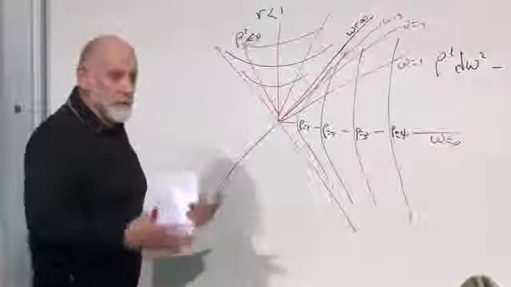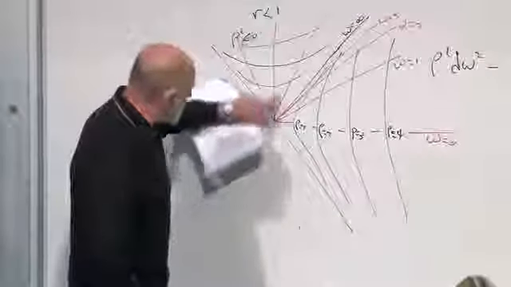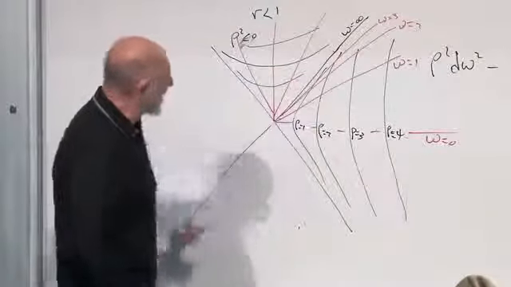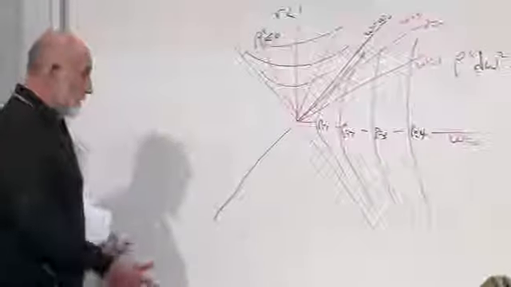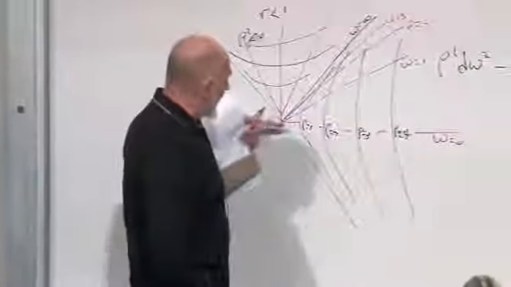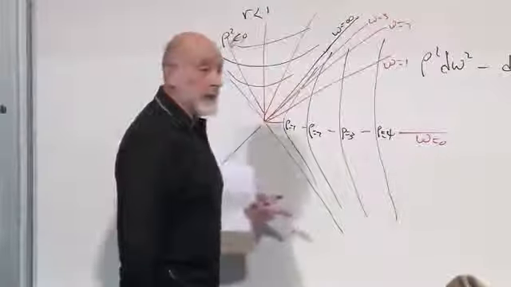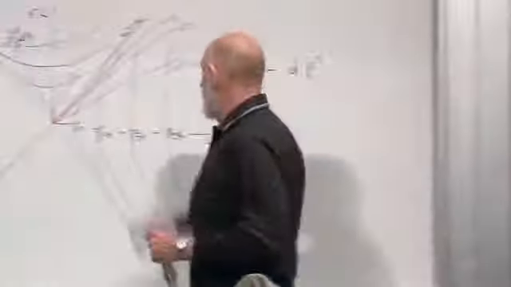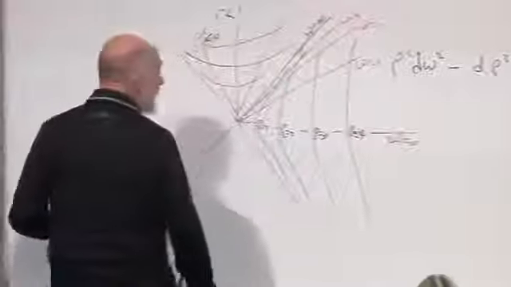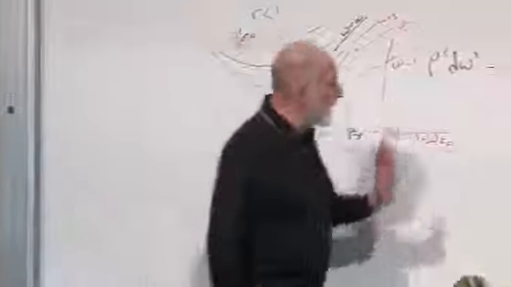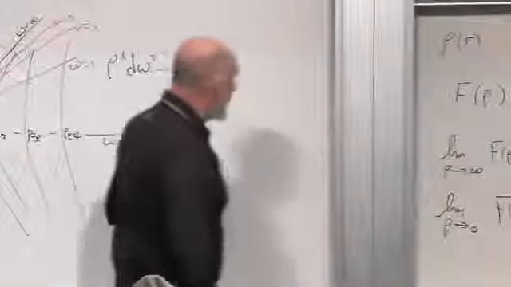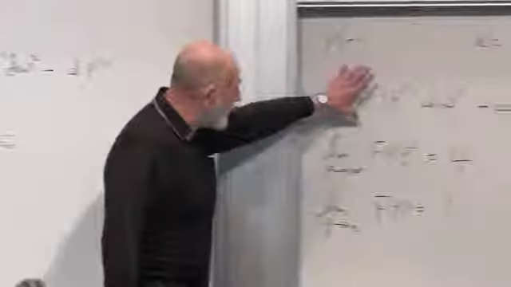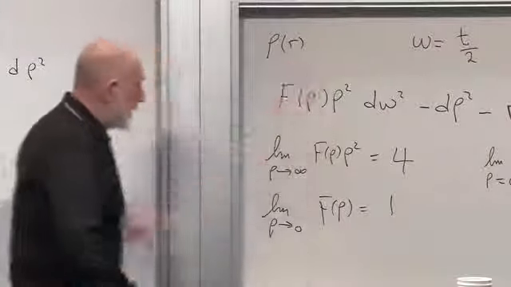We've just introduced coordinates which have a funny property that when you go from here to here, what was space-like out here becomes time-like in here. It's a complete coordinate artifact. And yet, there's something interesting about it. If we go far away, we have to remember that f of rho is not just 1.